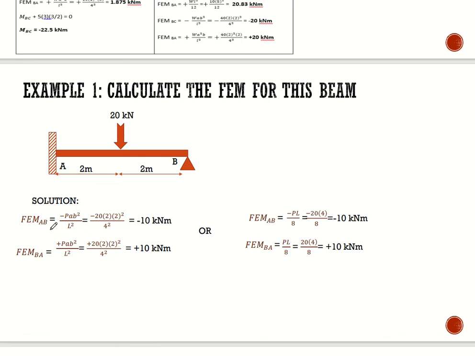Let's say we're going to use this formula for a point load subjected to the middle of the beam. We're going to use PL over 8, where P is the force subjected to the beam. So we have 20. At the left side we start with negative, and the total length is 4. We multiply by 4 and divide by 8.